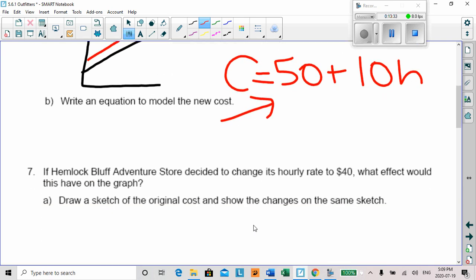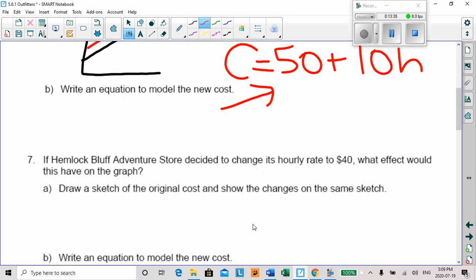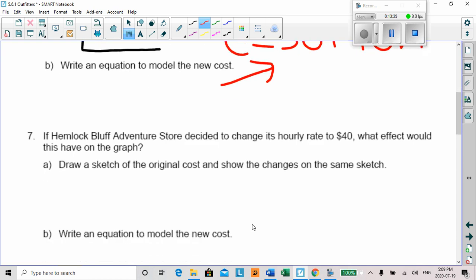If Hemlock Bluff decided to change its hourly rate to $40, what effect would this have on the graph? So here's my original graph. It went like this. But now if I'm going to charge more, got to think about when we had the distance time graphs. If you went faster, your line was steeper.